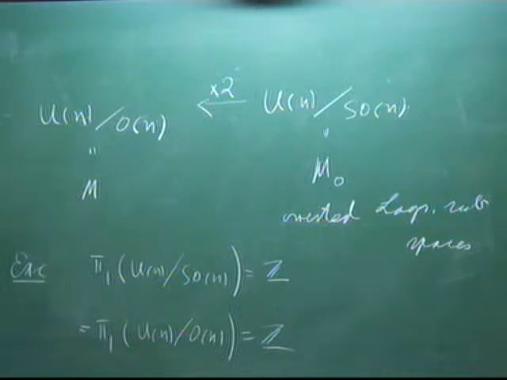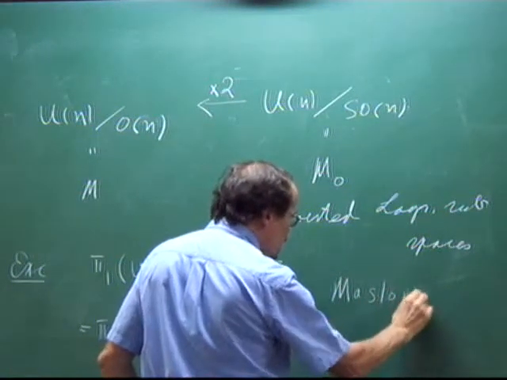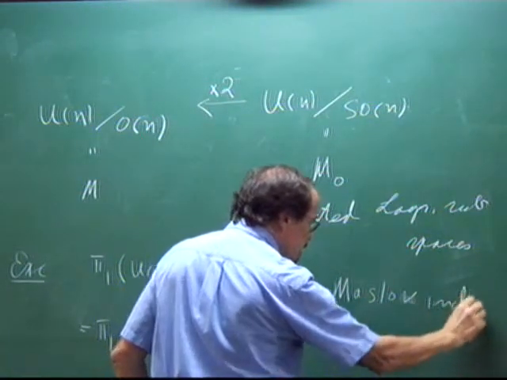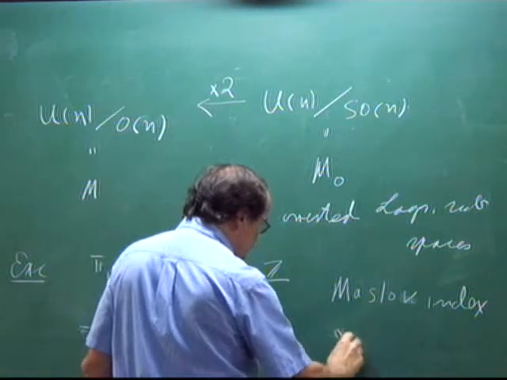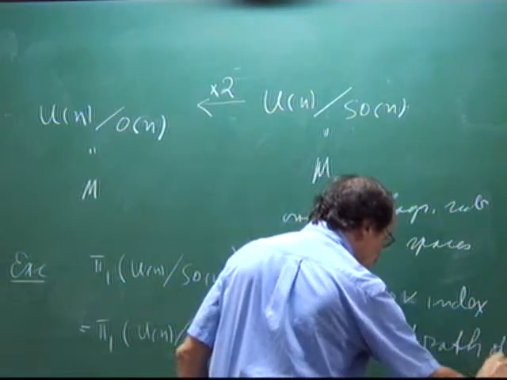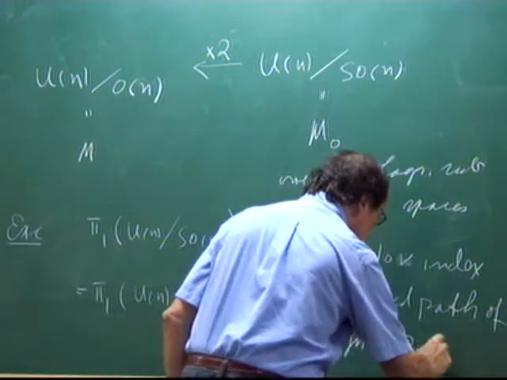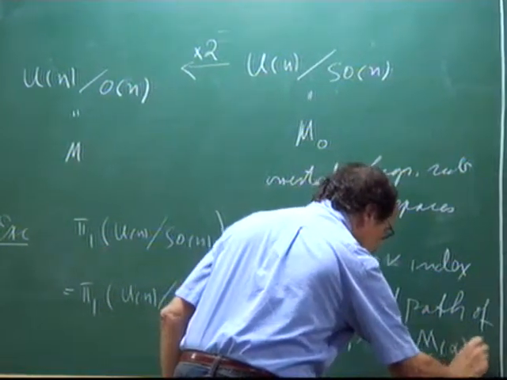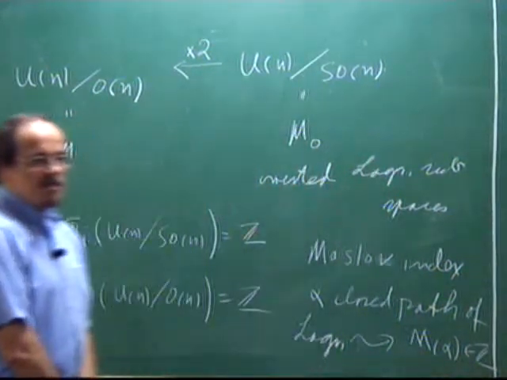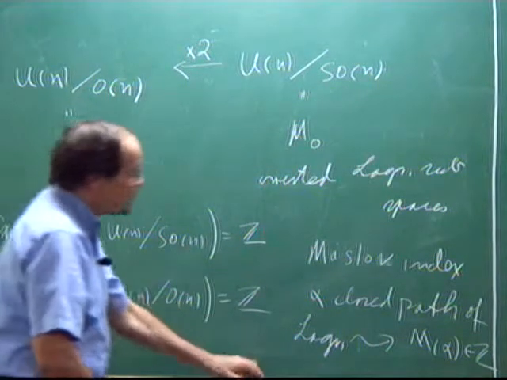So this gives rise to something that I may have mentioned at some point, called the Maslov index in symplectic geometry. Namely, if alpha is a closed path of Lagrangian subspaces, then one can associate with it an integer called the Maslov index of that path. That's a symplectic invariant of a path of Lagrangian subspaces, very important in symplectic geometry. So this fact is very useful.